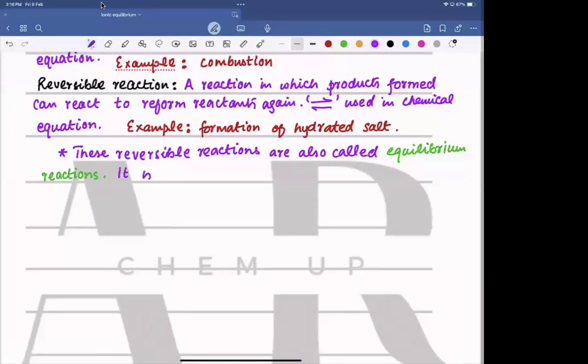And why are they considered equilibrium reactions? It is because these reactions never go to completion.